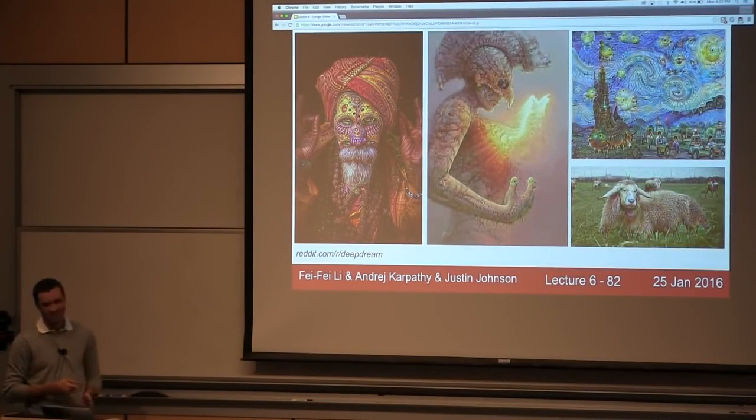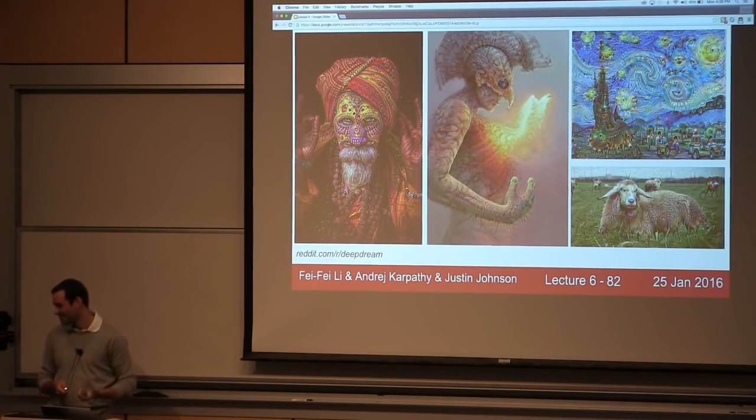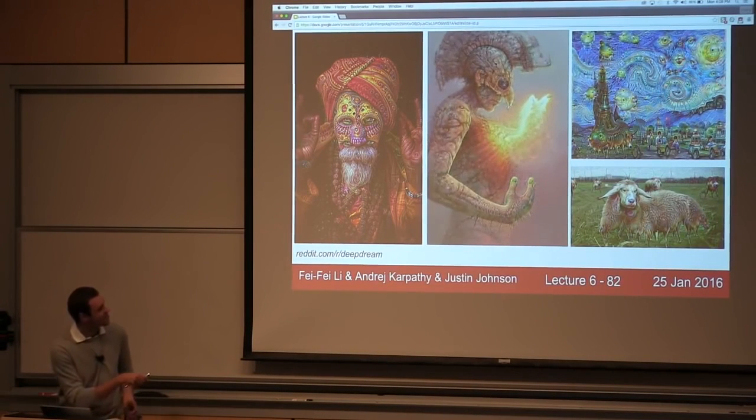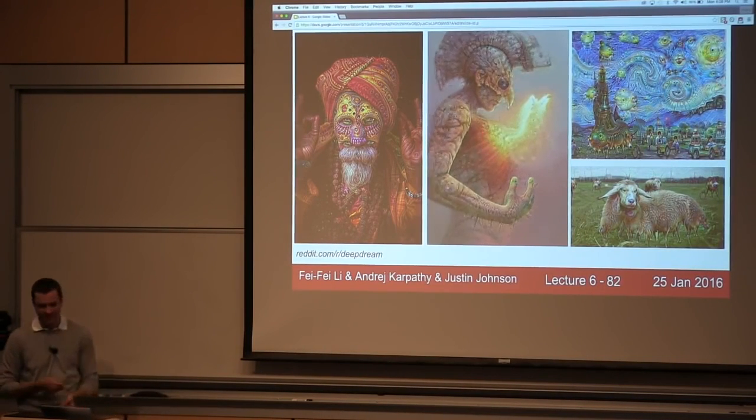This is something called Deep Dream, and we're going to go into how this works. You'll actually implement it, I think, on your third assignment, maybe? Hopefully. We'll see. You give it an image, and using a ConvNet, you can make it do weird stuff. In particular, you'll notice there are lots of hallucinations of dogs, and we're going to go into why dogs appear.